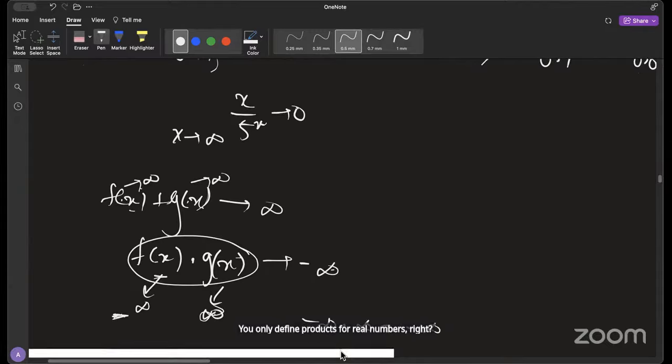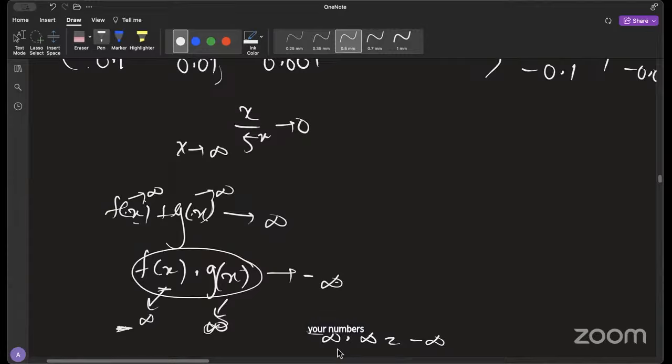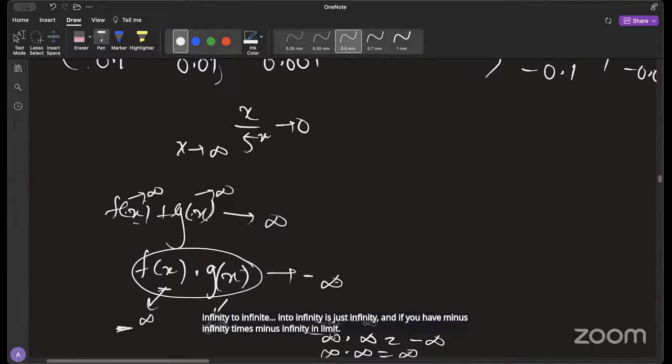So infinity times infinity is just infinity, and if you have minus infinity times minus infinity in a limit, that means your product of two functions, one going to minus infinity and the other also going to minus infinity, then this will be plus infinity.